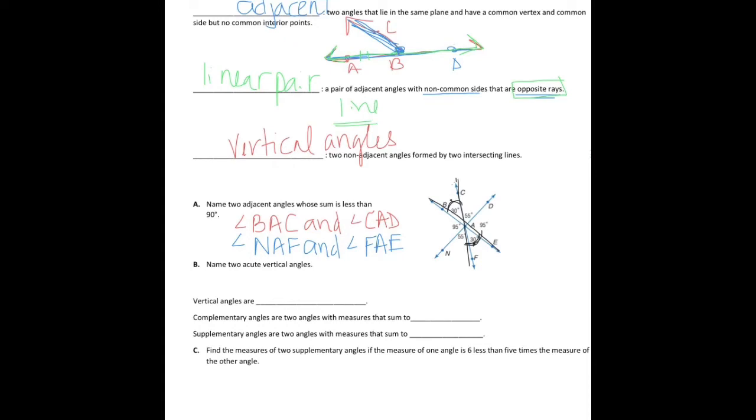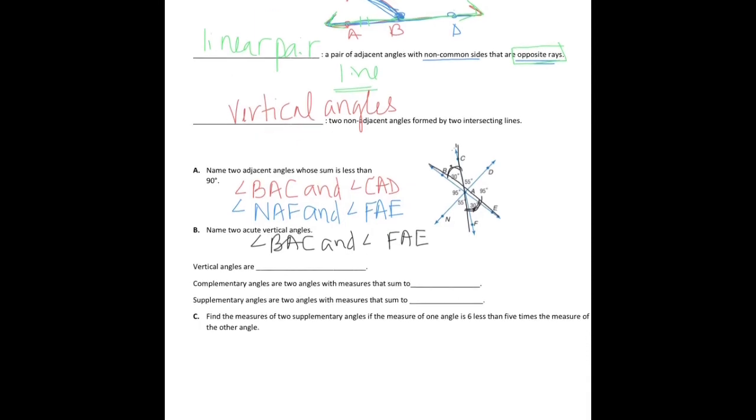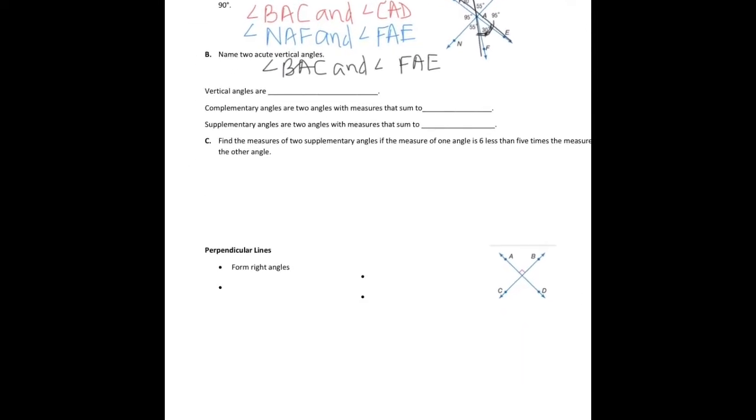So these two intersecting lines, these are their two non-adjacent angles. And if you look, the measure of those angles are 30 degrees. So that would be angle BAC and angle FAE. All right. Vertical angles are congruent.